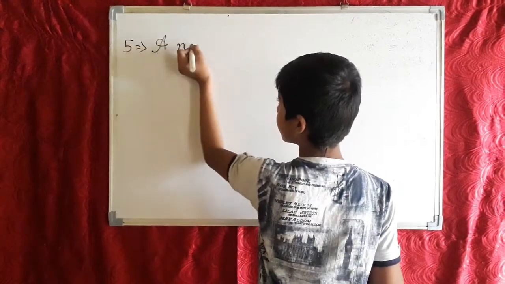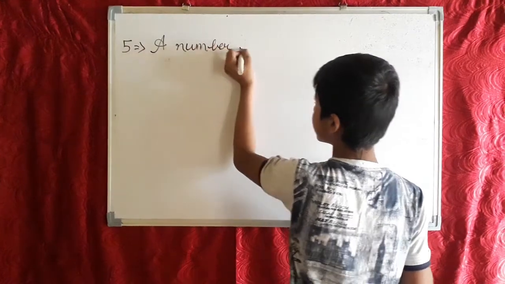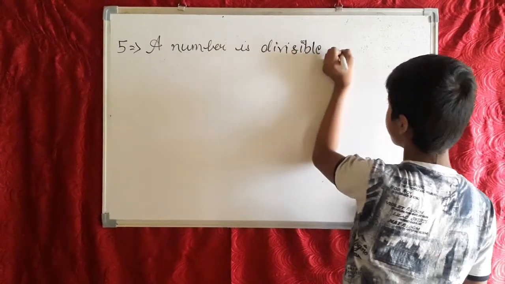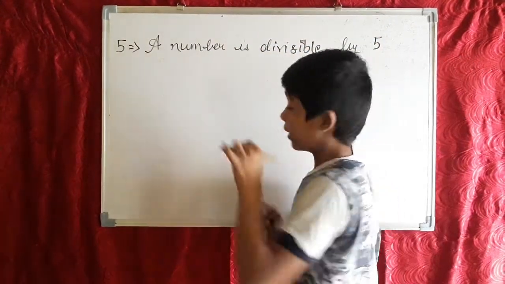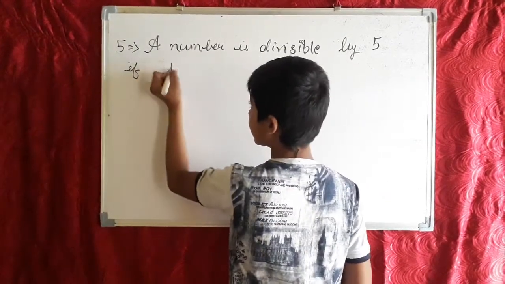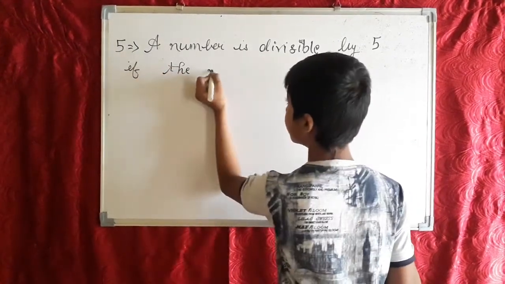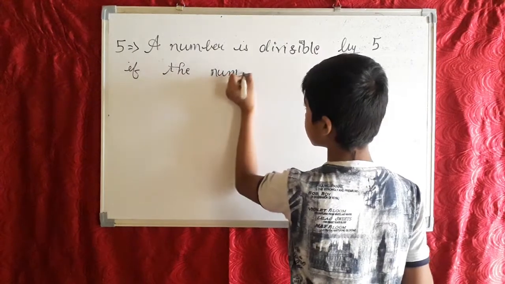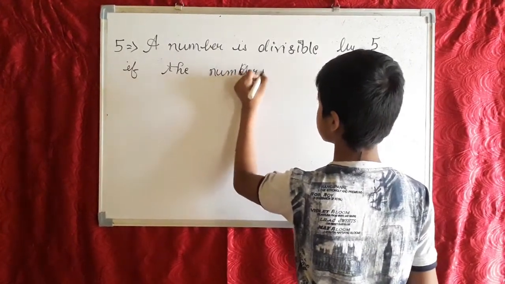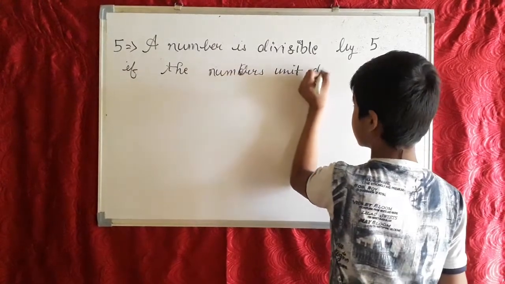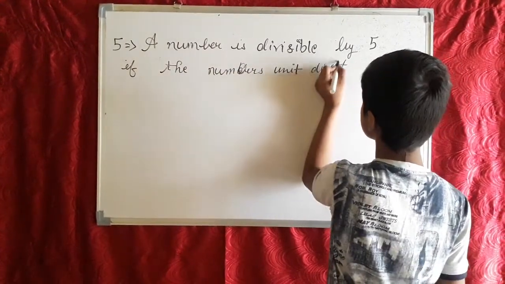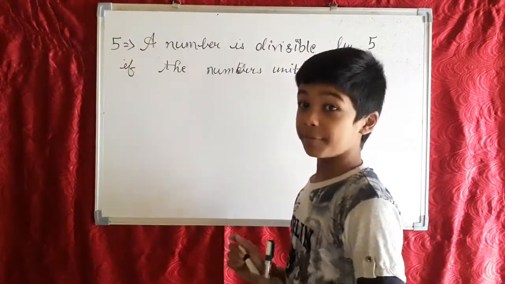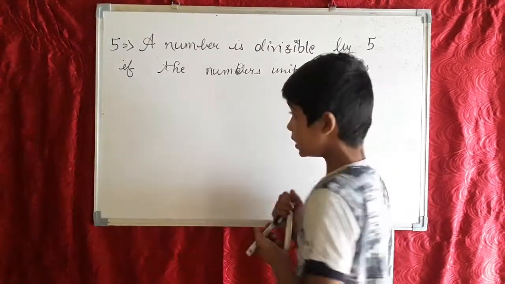A number is divisible by 5 if the number's unit digit is what we have written here.